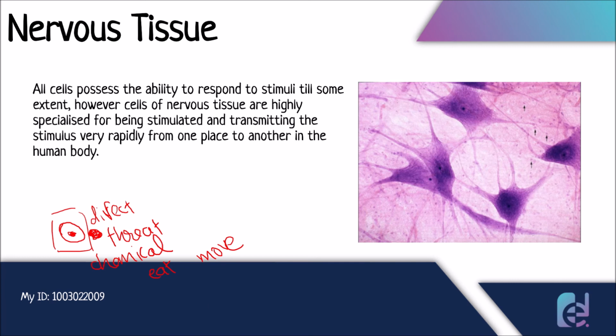However, nervous tissues, they are highly specialized for being stimulated. Being stimulated means that a change is happening to them. Like nervous tissues, they're always on the lookout for changes taking place. They're always on the lookout for signals, and they pass these signals very rapidly. And these nervous tissues are present dominantly in animals because they're constantly moving.